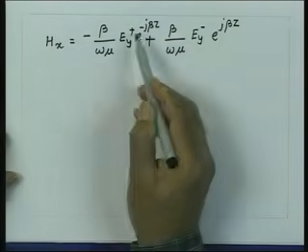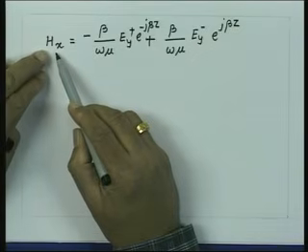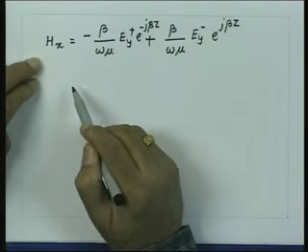So, again I got the two travelling waves for the magnetic field x component also.